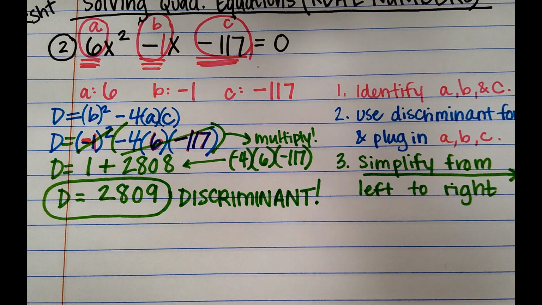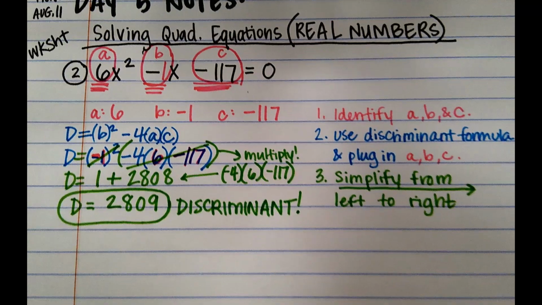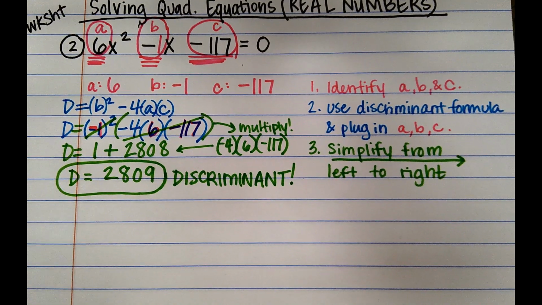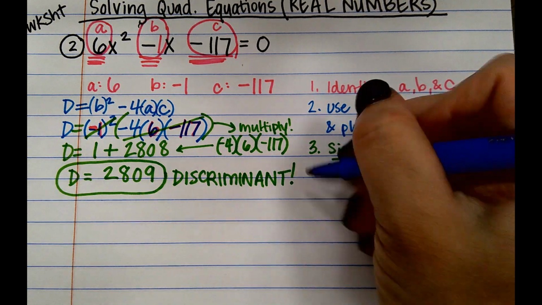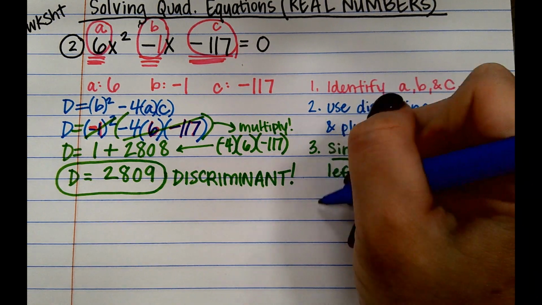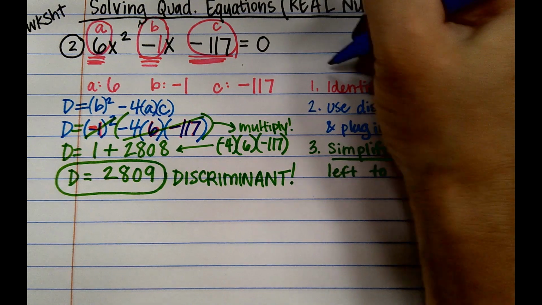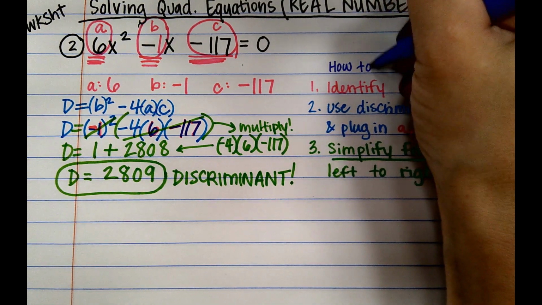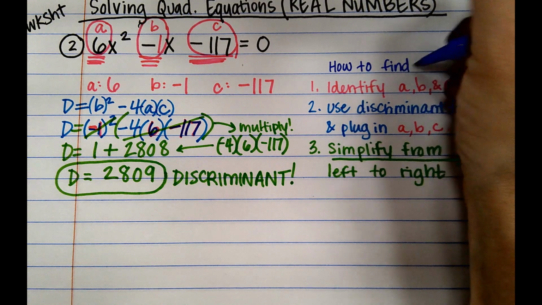So once we have found our discriminant, we can plug that into the quadratic formula. So I'm going to make another note. Okay. How to find discriminant.